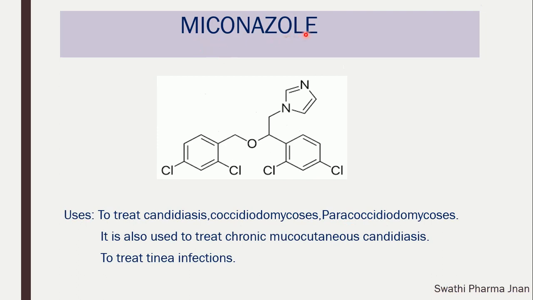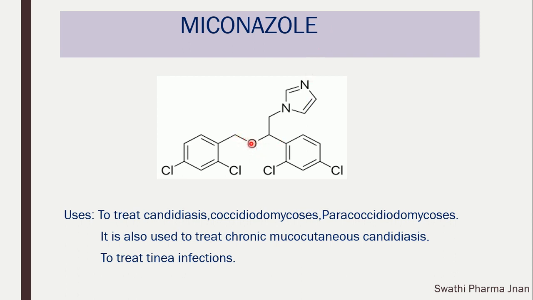Next structure is miconazole. Wherever azole appears, imidazole is the basic nucleus, and here 2 dichlorophenyl rings are present in this miconazole structure.